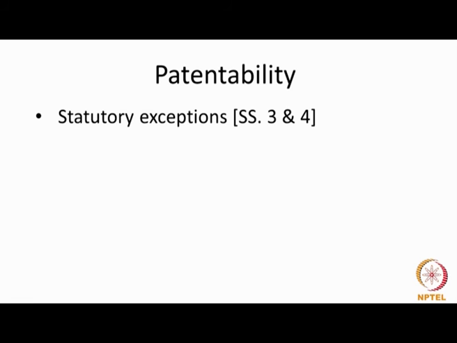Apart from satisfying these requirements, you should also ensure that your patent application does not fall within the statutory exceptions. The statutory exceptions are detailed in section 3 and 4 of the Patents Act. And the statutory exceptions are applied first.